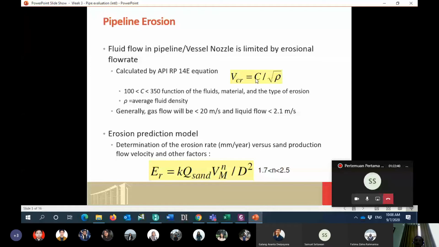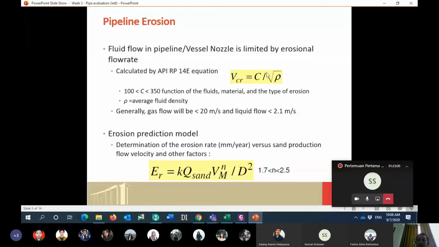For example, if you use carbon steel, or mild steel, the C value is usually 100. If you use, for example, stainless steel, the stronger pipe, the C value will be 350, which is the maximum.